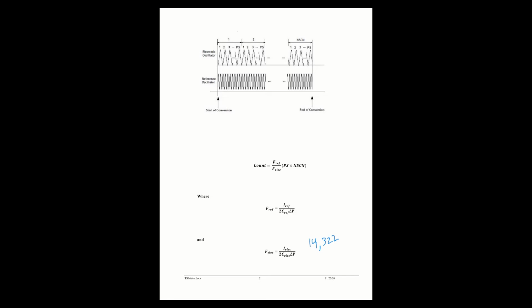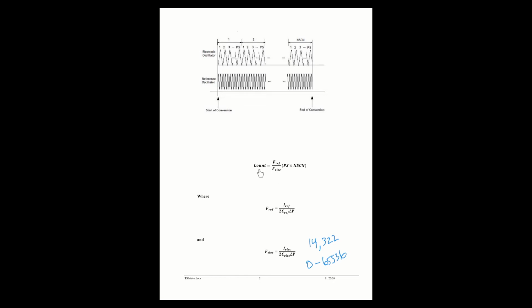Now remember that our range is 0 to 65,536 because the count is a 16-bit value. Okay, so we're down on the lower end, which makes sense because when we touch, this count's going to go up because the frequency of the electrode goes down when we touch.